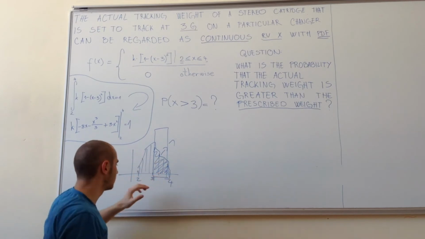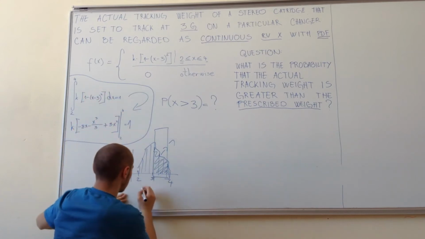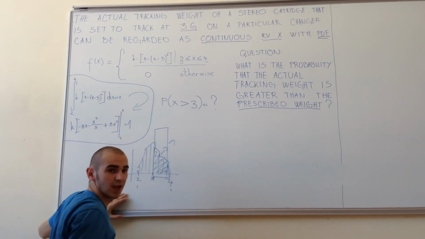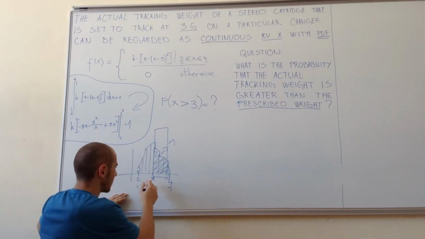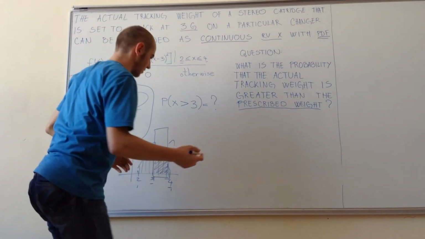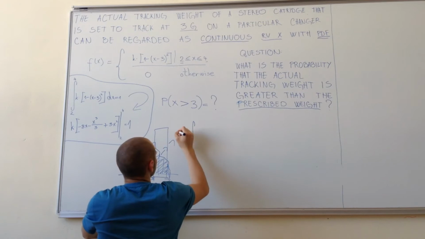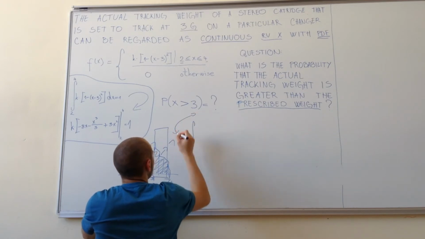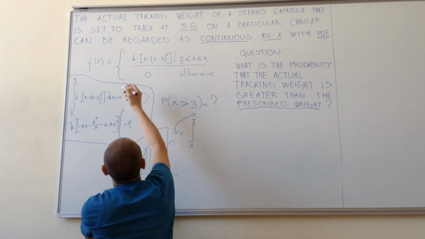So if you notice, our limits in the first case were 2 and 4. So from here to here. And now our limits will be 3 and 4. So it will be from 3 to 4. So now we will just write the integral. So our probability, this one from here, will be equal to the integral from 3 to 4, and it will be the same.